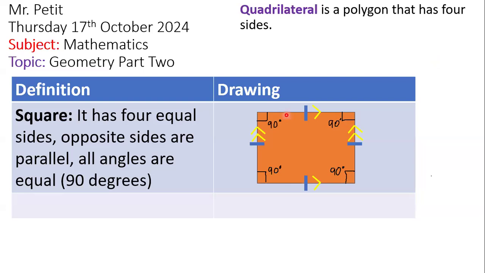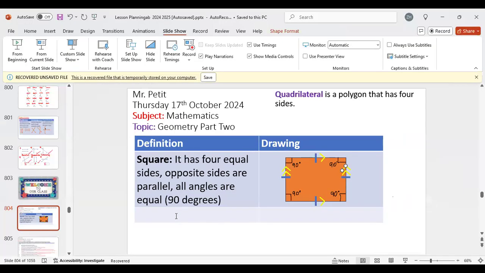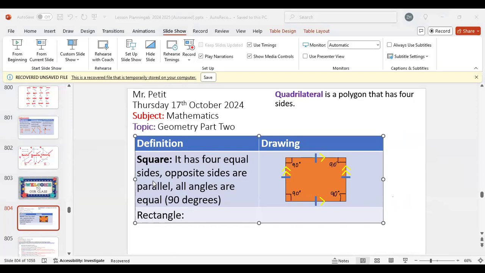Okay, so for rectangle, what do we know? By the way, Alicia, are you writing this down? Yes. Okay, good. Damari, are you writing this down? Where's Damari?